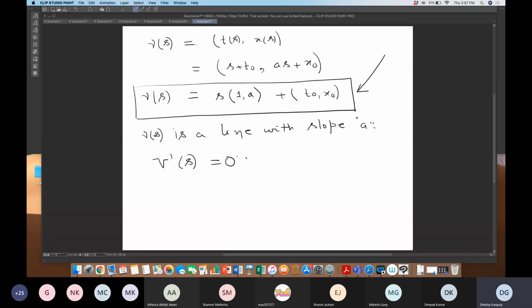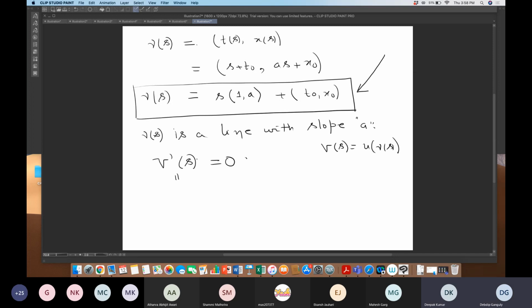What is V of S? V of S is U of gamma S. So we proved that V prime of S equals 0. What does it mean? That U is constant along the line that we have described above.